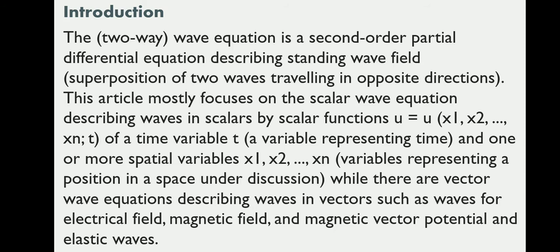Introduction. The wave equation is the second order partial differential equation describing a standing wave field, a superposition of two waves traveling in opposite directions. This article mostly focuses on the scalar wave equation describing waves in scalars by scalar functions u equal to u of x1, x2 up to xn, and t, with a time variable t, a variable representing time, and one or more spatial variables x1, x2 up to xn, variables representing a position in a space under discussion.